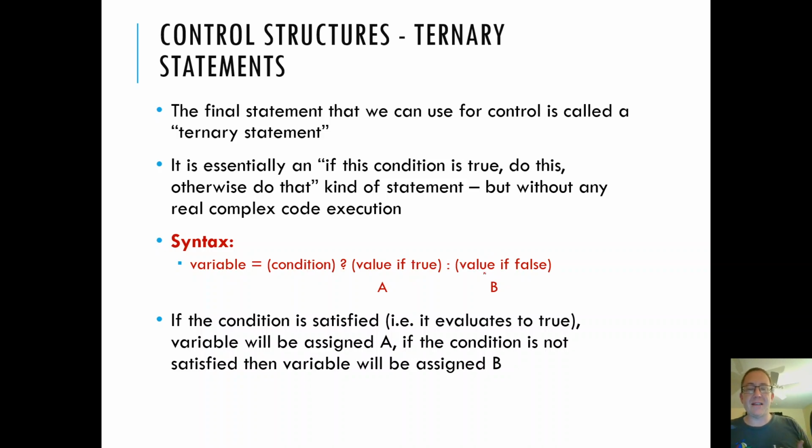I can nest these things, but you're trying to use them for little short evaluations, not anything overly complex. It can be hard to parse through if it gets really overly nuanced. If this condition is satisfied, then I'm going to assign the value A to the variable. Otherwise, I'm going to assign whatever B is here to the variable.